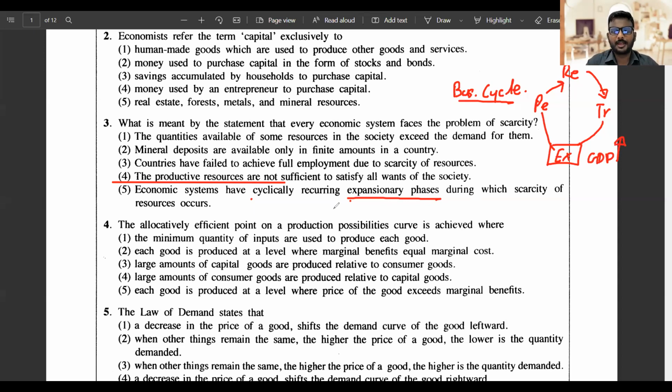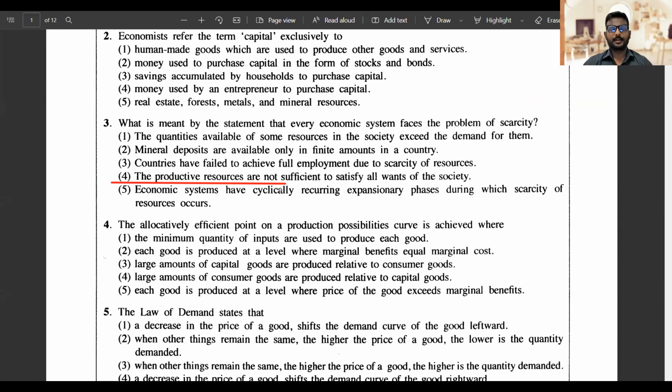GDP is increasing. That's not the only time we see scarcity. Scarcity is an always existing issue. As long as resources are limited and we have unlimited wants, there will be scarcity, not just during the expansionary phase, but during peak, recession, and trough also we have scarcity, right? The answer for this question is answer 4.